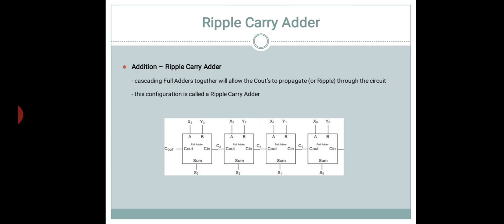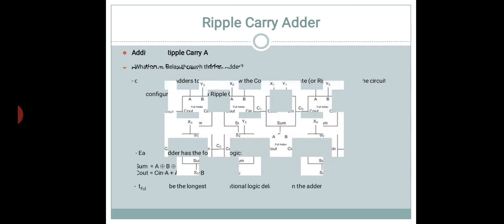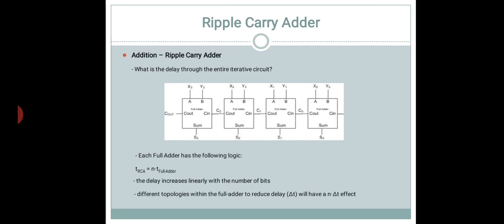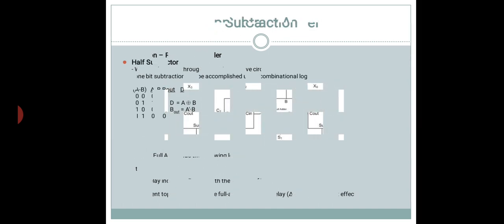By cascading full adders, we can design the ripple carry adder. Here a 4-bit ripple carry adder is represented by cascading 4 different full adders. For each individual full adder, the sum and carry equations are represented by declaring and initializing the component. We can implement a ripple carry adder by using structural modeling.